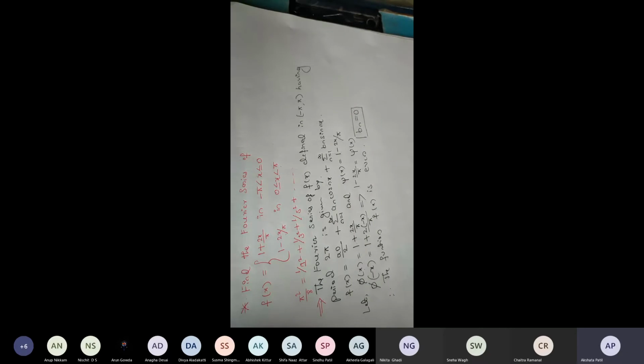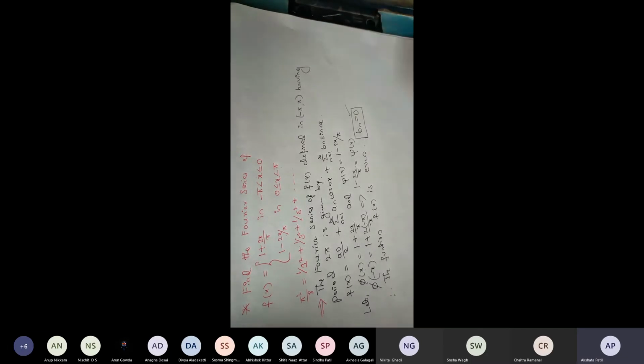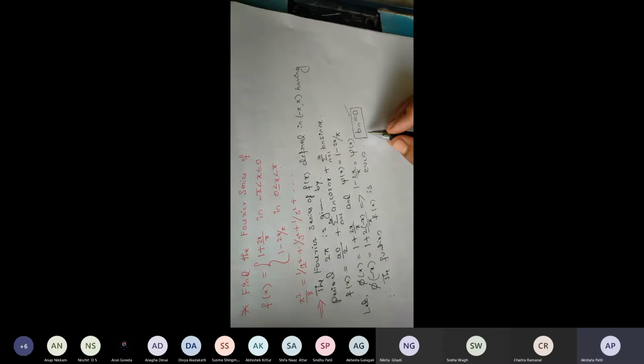A naught we may get some number, or it may be equal to 0. Sometimes you get numbers, sometimes you get 0 also. But strictly what will follow here in an even function? Definitely the bn term is 0, means no need to calculate the bn term when the function is even. Understood? So no need to calculate the bn term.